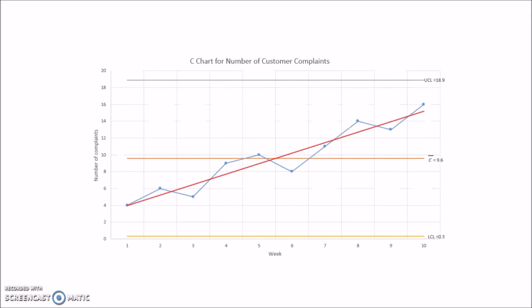So here I've superimposed a trend line, this red trend line here, and you can see that this is representing the number of complaints, and we can see that the number of complaints over time is increasing at this local department store, and so we would say that this process is not in control. Therefore, the manager needs to take corrective action to find out why customers are frequently complaining about the products and services.